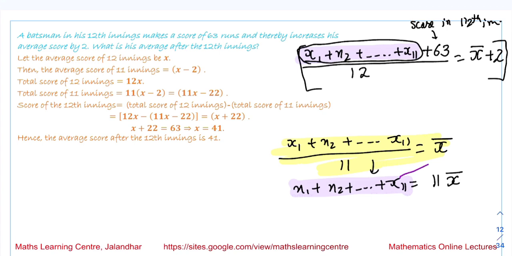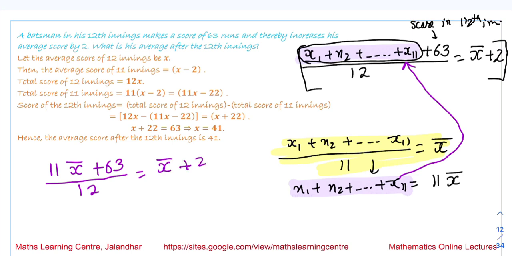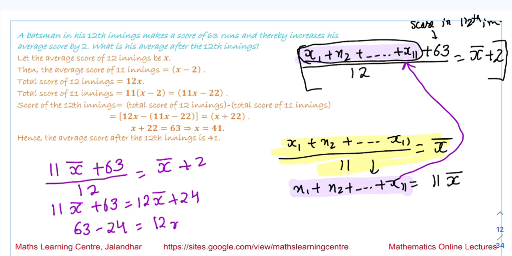So when we substitute this value over here, what we get is 11 x bar plus 63 by 12 is equal to x bar plus 2. So it is 11 x bar plus 63 is equal to 12 x bar plus 24. So it is 63 minus 24 is equal to 12 x bar minus 11 x bar.